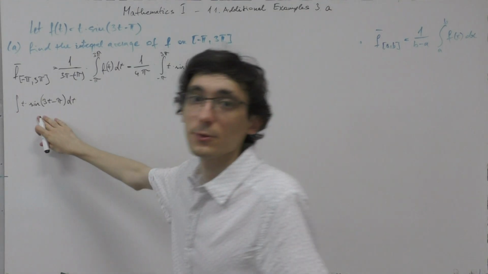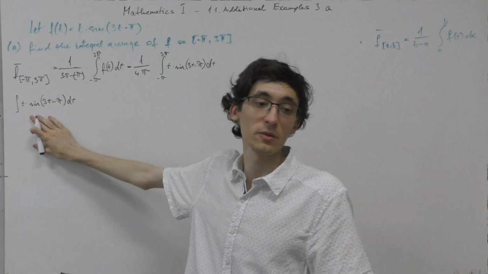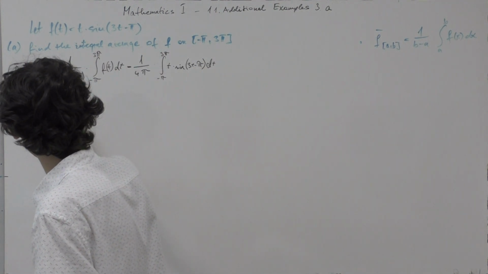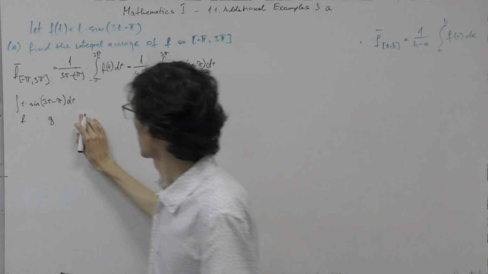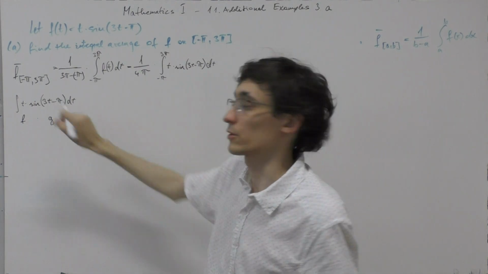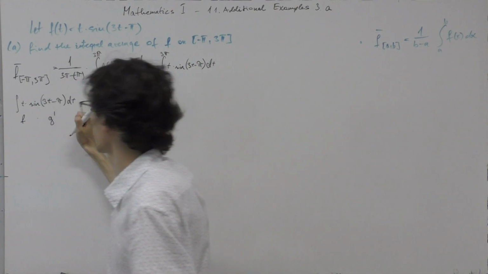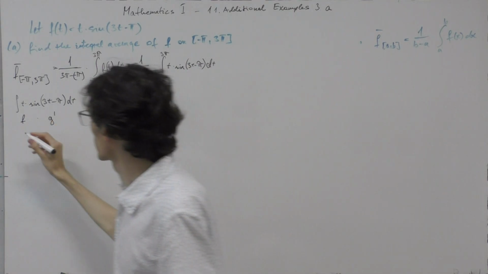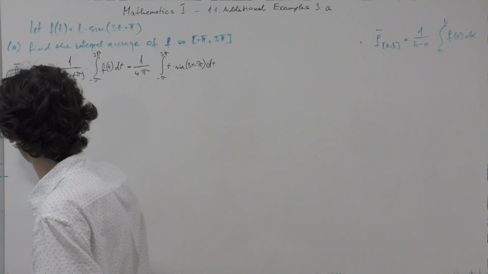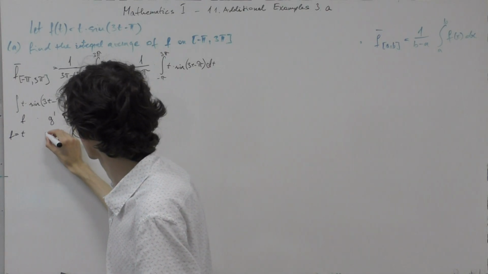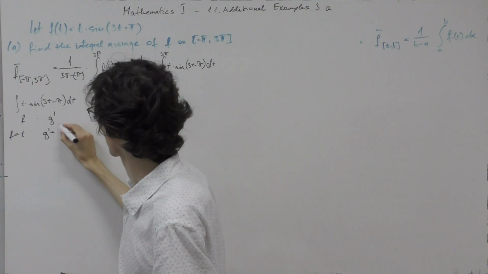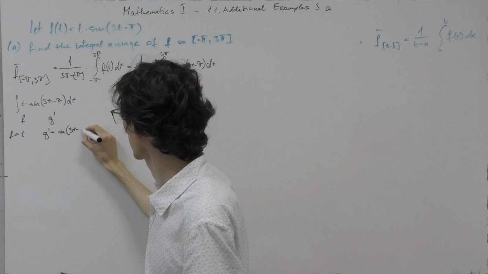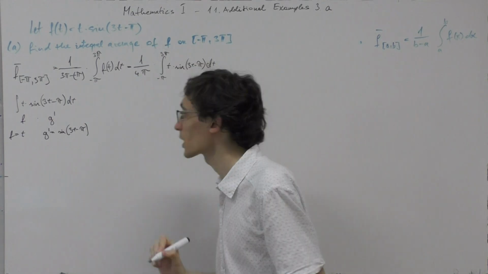And this is a product of two simple functions, so we will use partial integration. So we have a function f and a function g, and here the trigonometric function is going to be the one that is differentiated. So we have f being t and g prime is going to be sine of 3t minus pi.